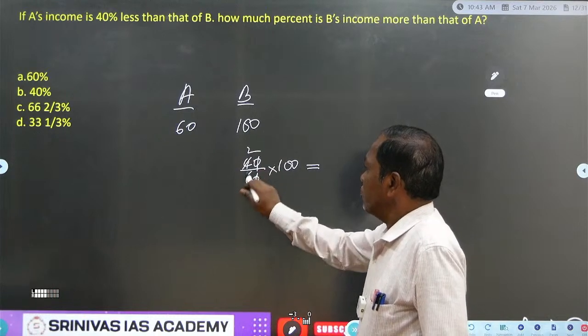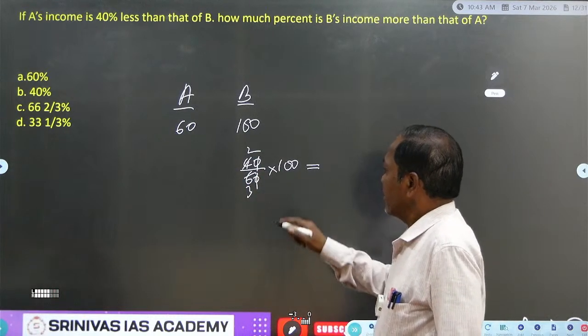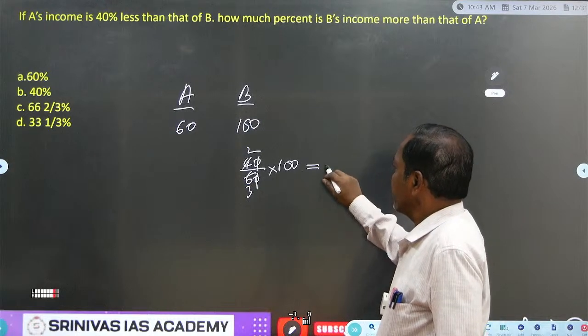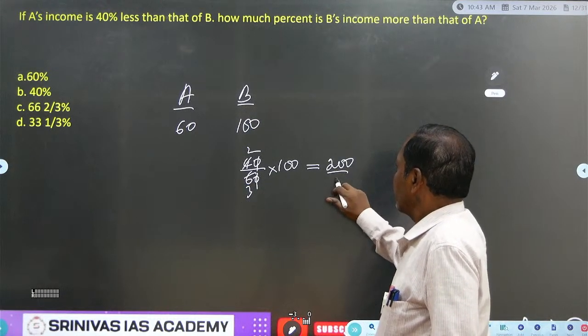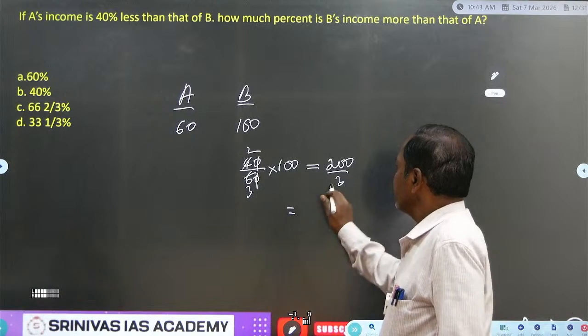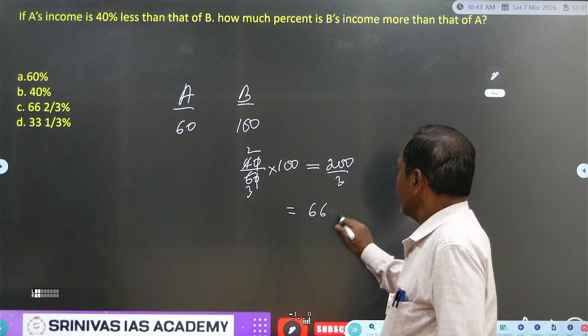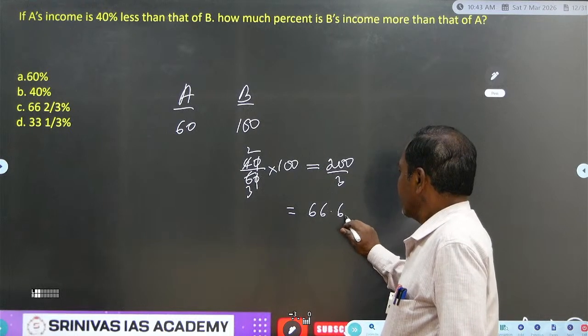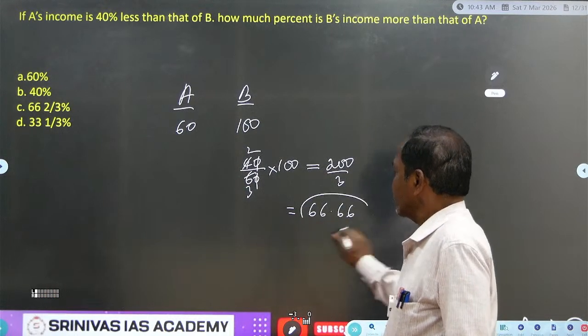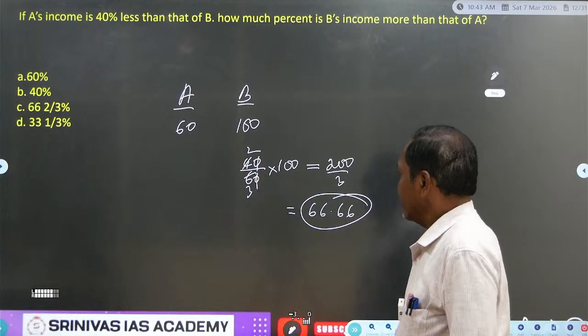Cancel, this is 2 by 3, like 200 by 3. 200 by 3 equals 3 6s are 18, 20. 0.66. Close it. Okay.